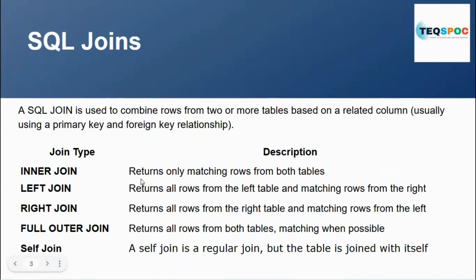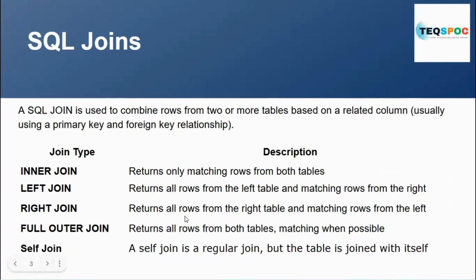So what is inner join? Inner join basically returns only the matching data from both the tables. The left join will return all the rows from the left table plus the matching rows from the right table.